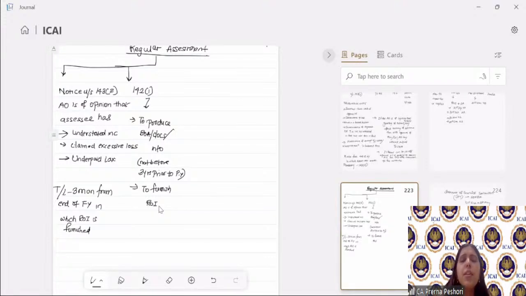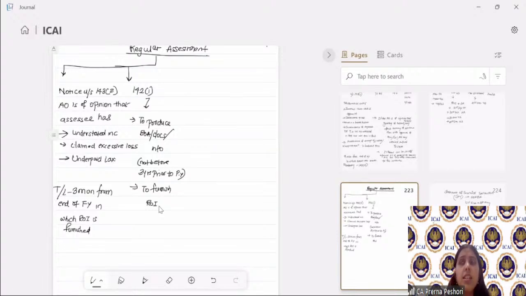Now, say for example, the AO is feeling that the accounts of the assessee are very complex, or this assessee has a huge turnover. It's a listed company and there is a huge volume of accounts.